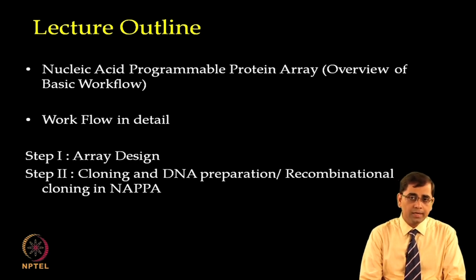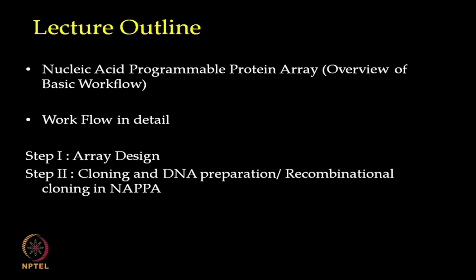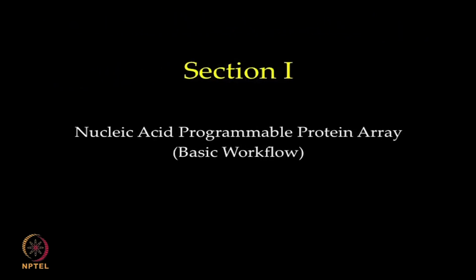This includes steps like cloning and plasmid preparation, which will be discussed in this lecture, as well as aminoacyl silane coating of the glass slide and printing parameters, which will be discussed in the next lecture. In the NAPPA approach, one needs to ensure that DNA printing is of good quality as well as protein expression is good, so that all the quality control checks are well established.